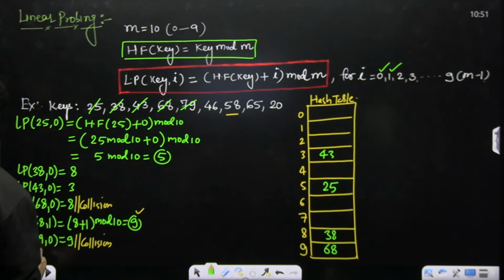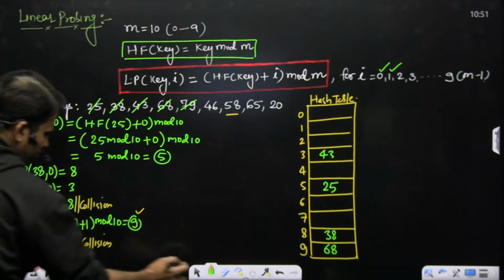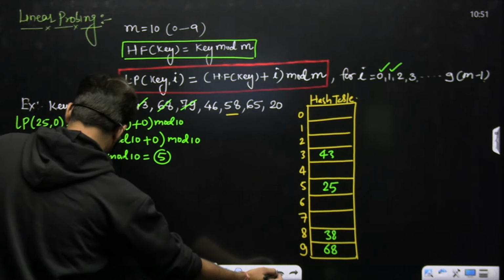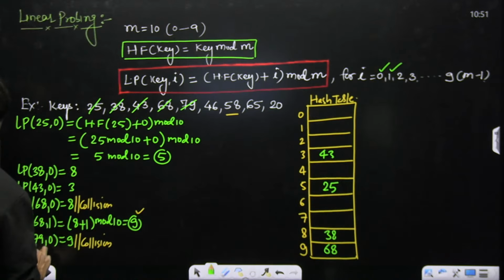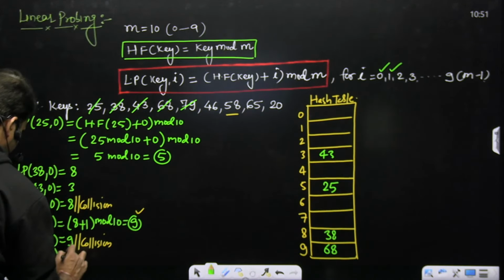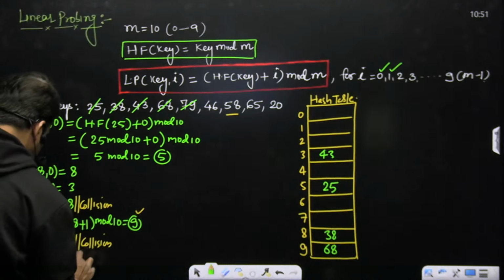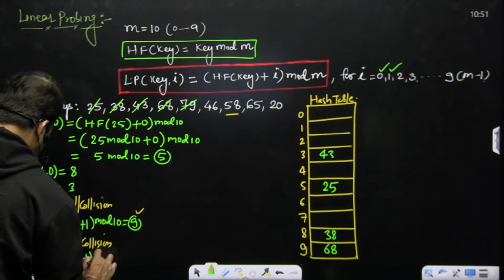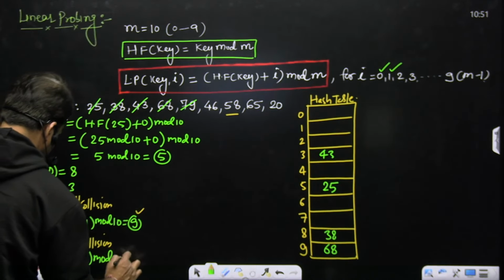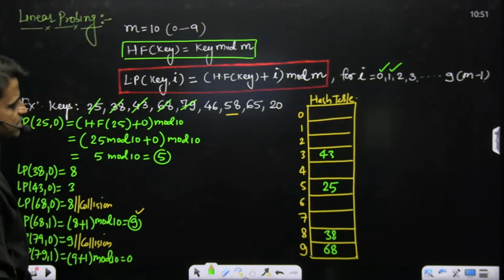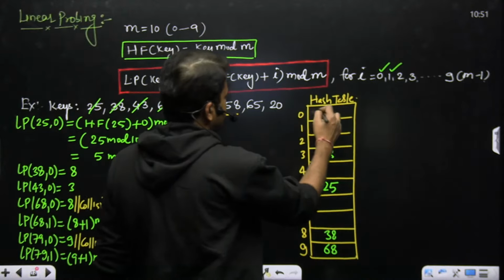So linear probing, sir, 79 comma 1. Sir, क्या वैल्यू आएगी? Sir, this is 9 plus 1 mod of 10. So it will be, sir, 0. 0 is empty, yes. So 79 is stored at this position.